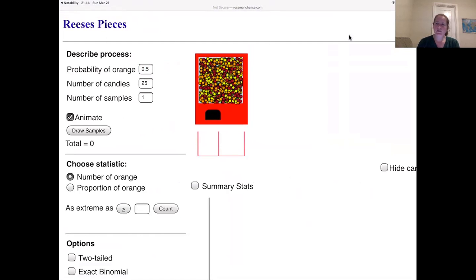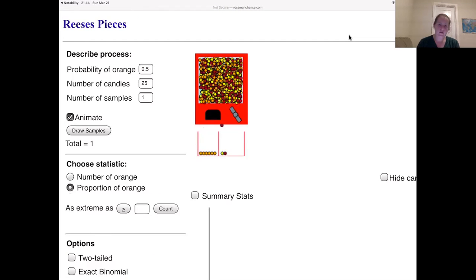Then we'll take one sample of 25 candies, and then we'll take the proportion. Here we can watch that sample being drawn. In this sample, it looks like we had 14 orange candies out of our 25, and 14 over 25 is 0.56. So that's just one sample that occurred.